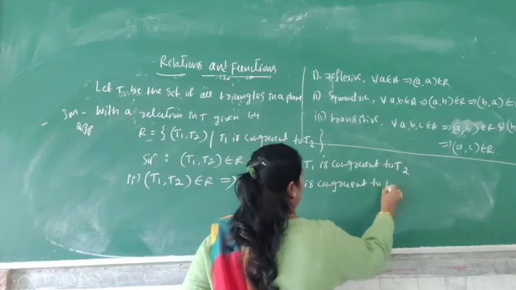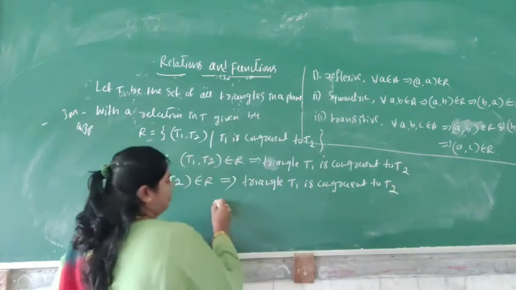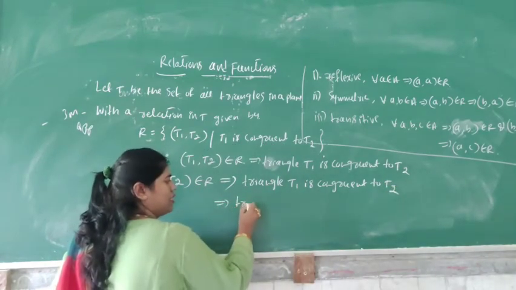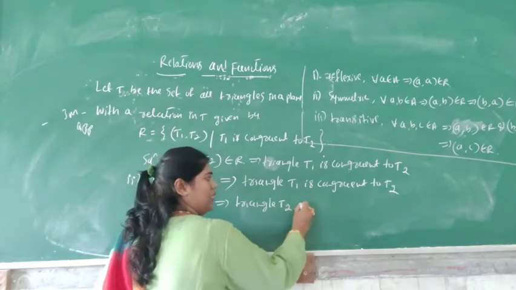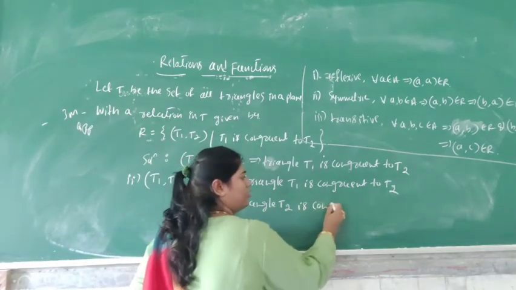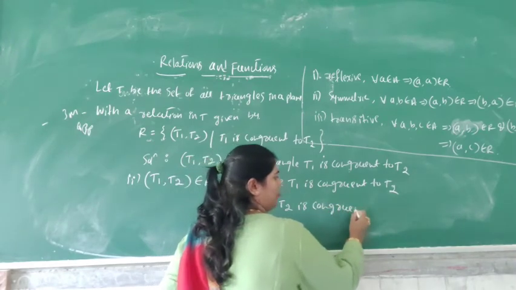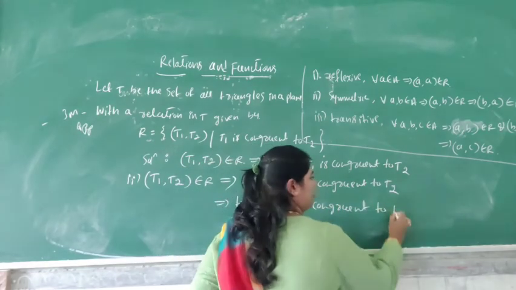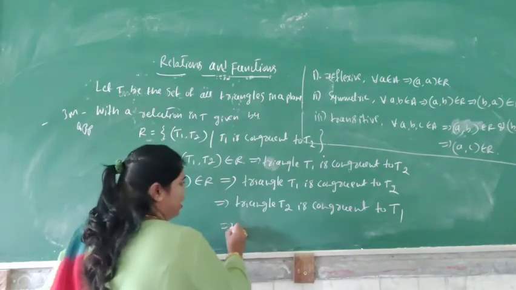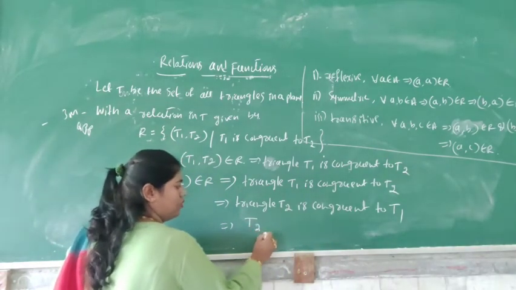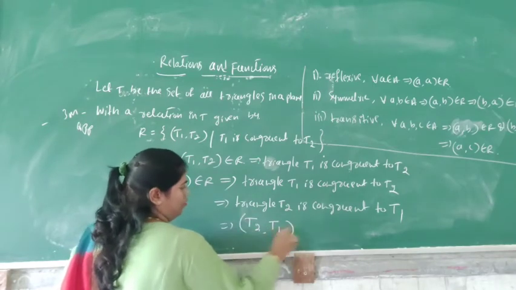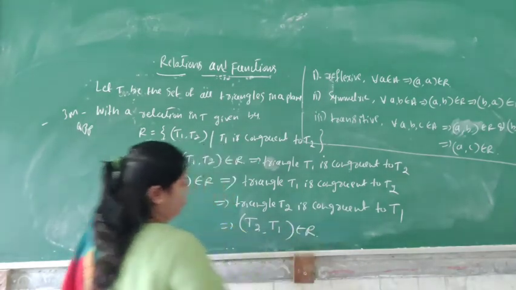It also implies triangle T2 is congruent to T1. So triangle T2 is congruent to T1 means (T2, T1) belongs to R.